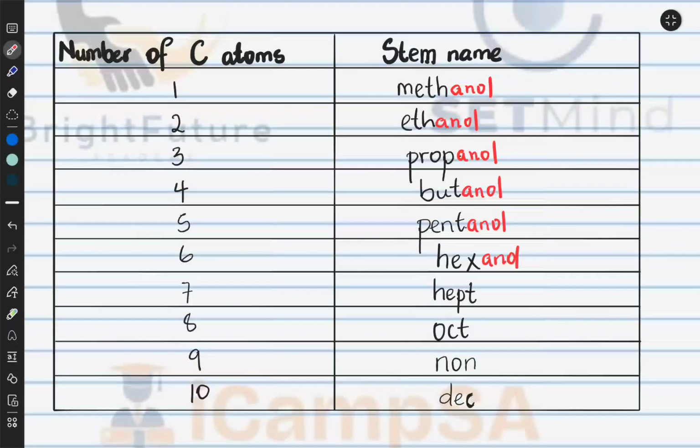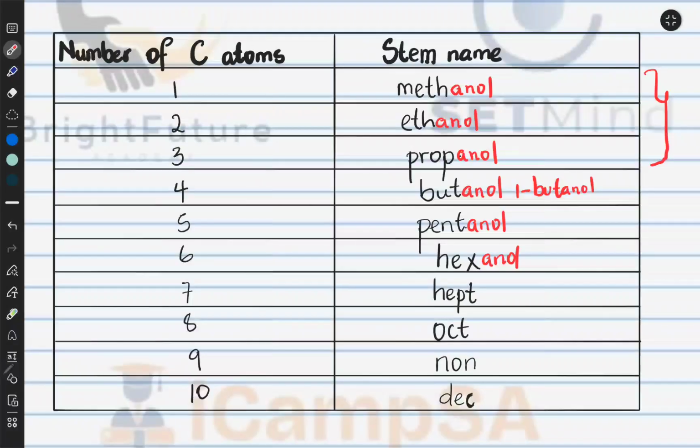But what normally happens is, once you pass ethanol, from here to here, you can easily say it's methanol, ethanol, and propanol. But after propanol, it's hard to say butanol because you have to mention the location of the hydroxyl group. So you'll end up having something like 1-butanol, for instance. Not just butanol on its own.